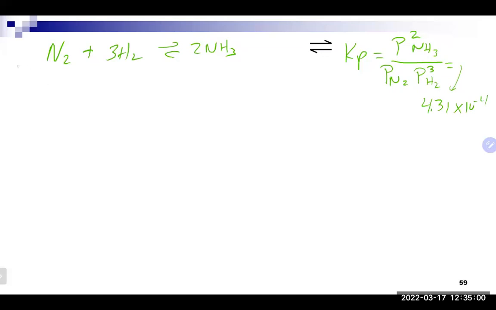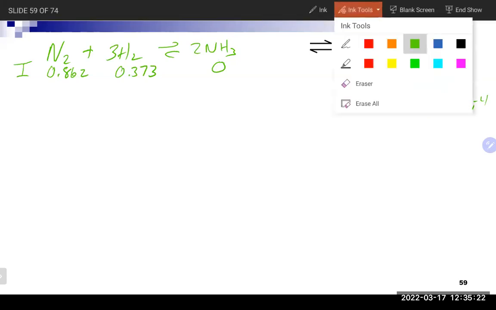So we do approach the ice table just like any of the other ones that we do here. We would take our initial pressure, which is 0.862, our initial pressure of H2, which is 0.373. And again, nothing was mentioned about our product guy, so we will assume 0 on that guy.